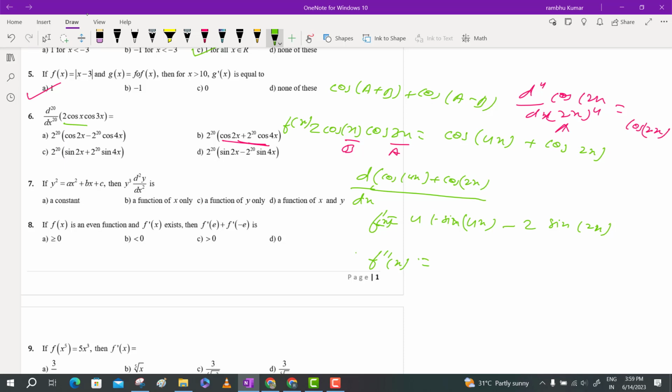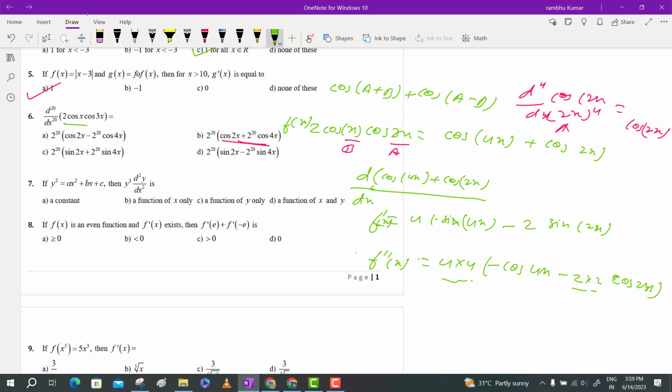This will become 4 into 4 minus cos 4x, 2 into 2, minus is already there, cos 2x, and in the same way it will go, and we will keep multiplying the 2s and 4s. So how many times will this 2 come? 20 times. How many times will this 4 come?